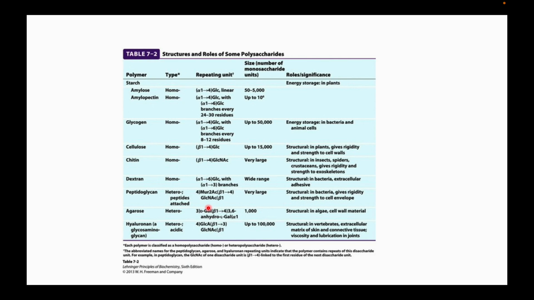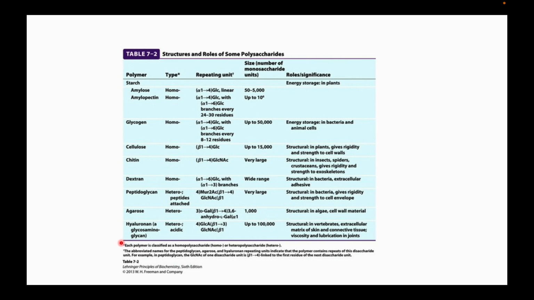And to this N-acetyl linkage we have different peptides, either N-linked or O-linked. Then we have agarose. Agarose is also a heteropolysaccharide. It is made up of galactose beta 1,4 and 3,6 anhydrogalactose. Okay, agarose is found in various algae and it is also a cell wall material of various organisms.